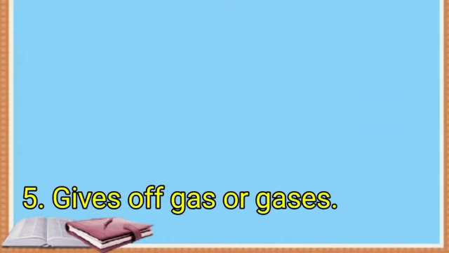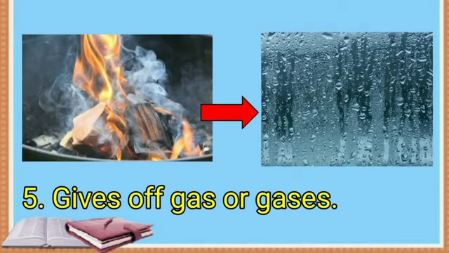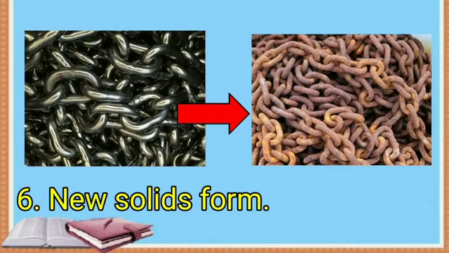Clue number 5. Gives off gas or gases. For example, burning wood gives off carbon dioxide and water vapor. And clue number 6. New solids form. For example, rust is created from the steel.